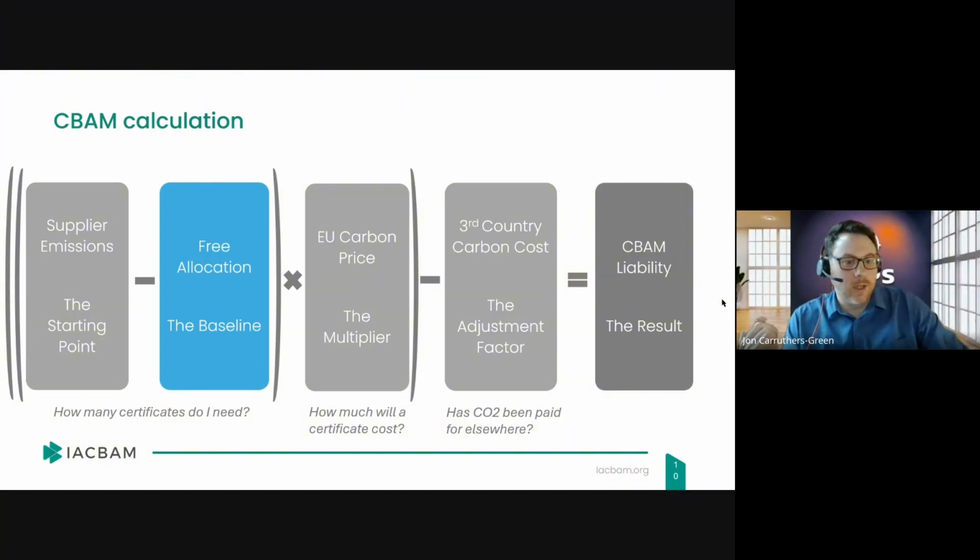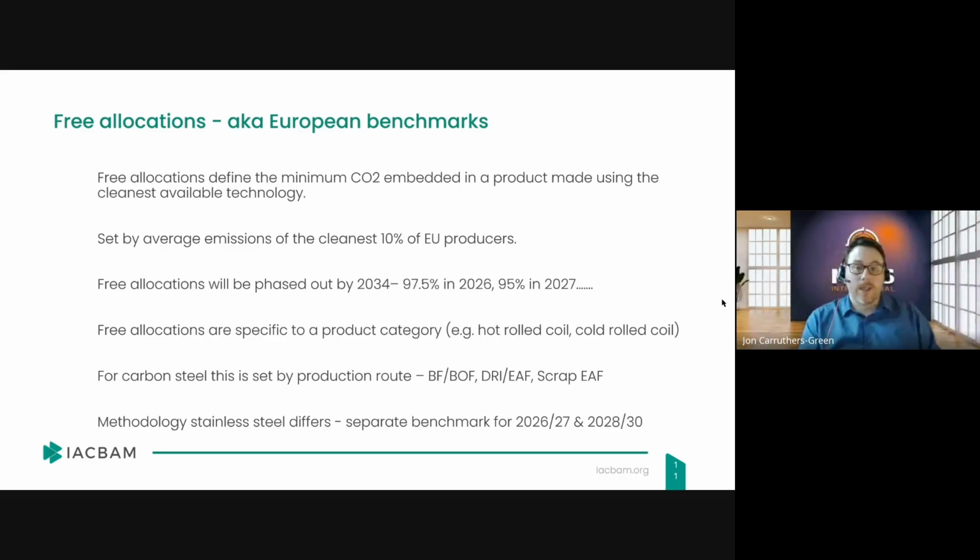The free allocation is based on a scheme that's been operating in Europe for many years now. Within Europe, ETS benchmarks have been set for, I think the latest one was 2020 to 2025, and there are some new numbers coming out for the 2026 to 2030 period. But essentially what they do is they define the minimum CO2 that is expected to be embedded within a particular product category using the cleanest technology that's available.